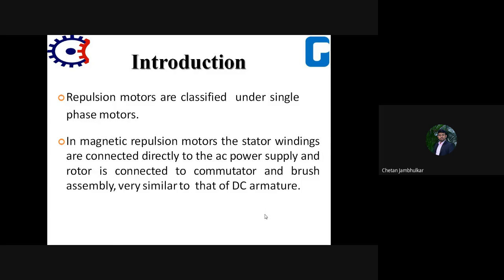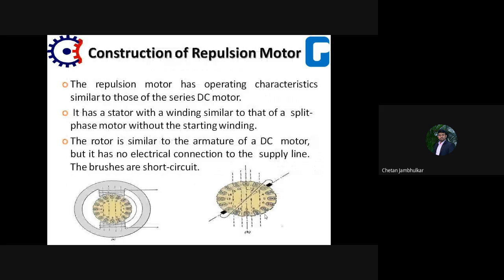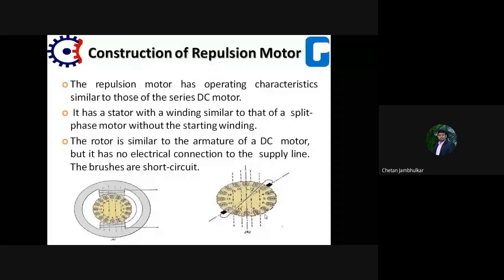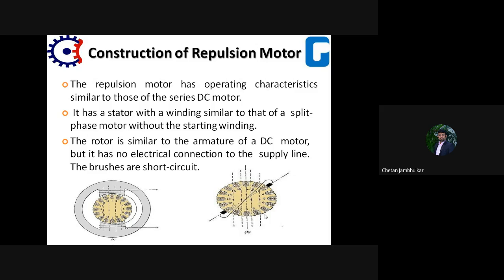Okay, so in the construction of the repulsion motor, the repulsion motor has operating characteristics similar to those of the series DC motor. Means the operating characteristic of this repulsion motor is the same as that of the DC series motor. It has a stator with winding similar to that of the split phase induction motor without the starting winding.